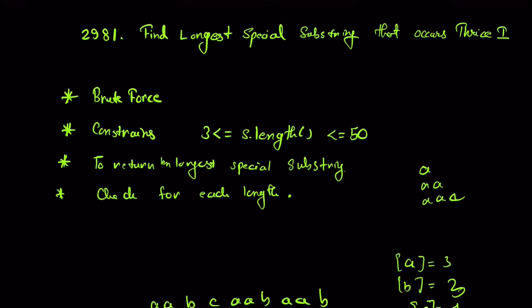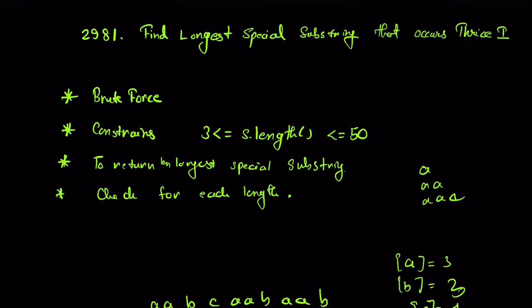We have to return the length of the longest special substring if that special substring occurs at least 3 times in the given string s. So we will check for each length starting from 1 going to n, and for each length we will count the number of special substrings that occur in the string, and if that count is greater than or equal to 3, we will simply return it.